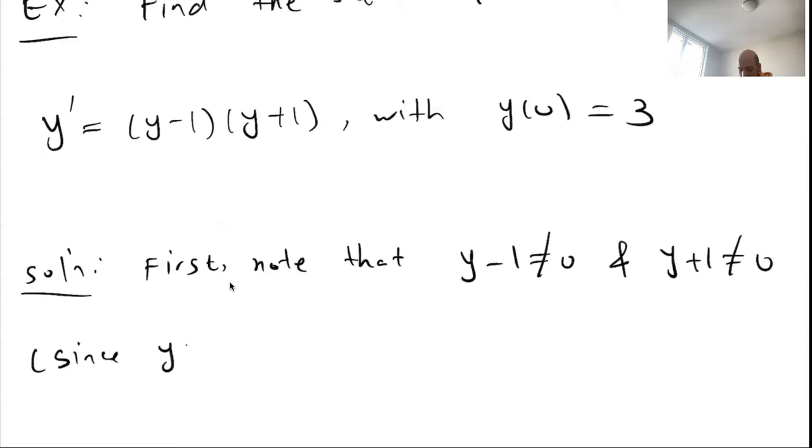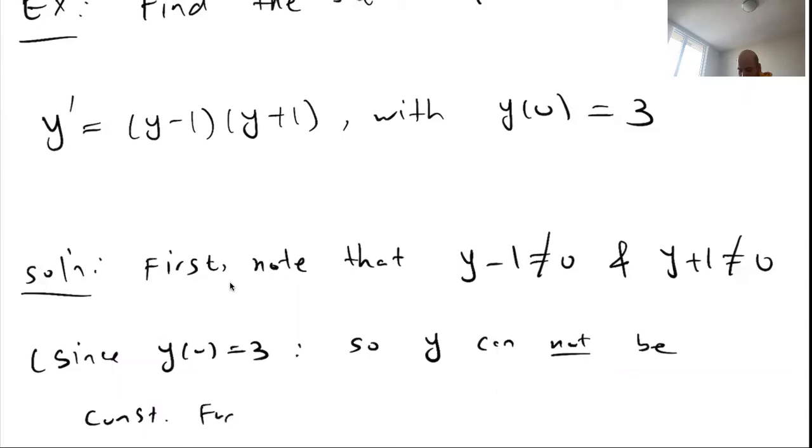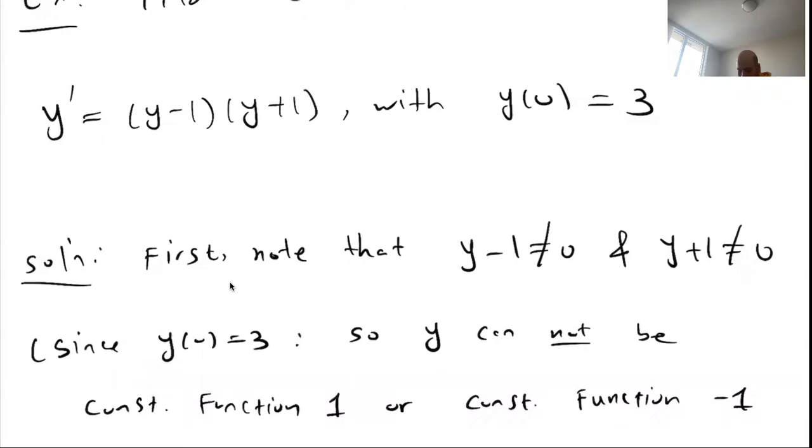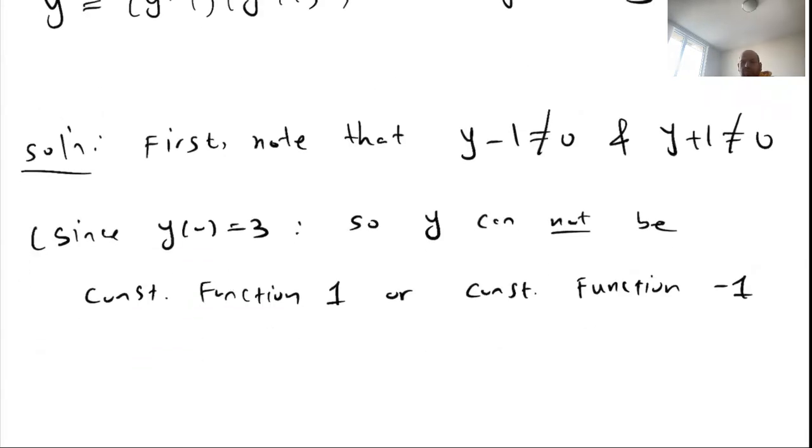Since y of 0 is 3, y cannot be constant function 1 or constant function minus 1. y minus 1 will be 0 if y is constant function 1. y plus 1 will be 0 if y is constant function minus 1.